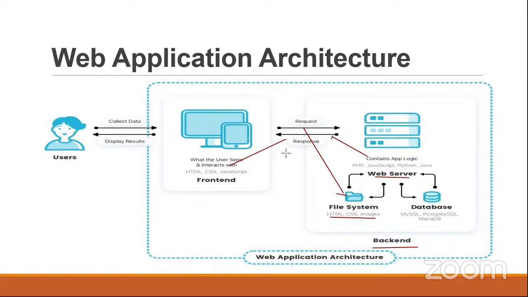Then in the web servers your request will be found, and depending on the data, which is database related, because whenever we enter a username and password, it has to be searched and retrieved from the database, the response is given back to the client in the form of HTML pages.